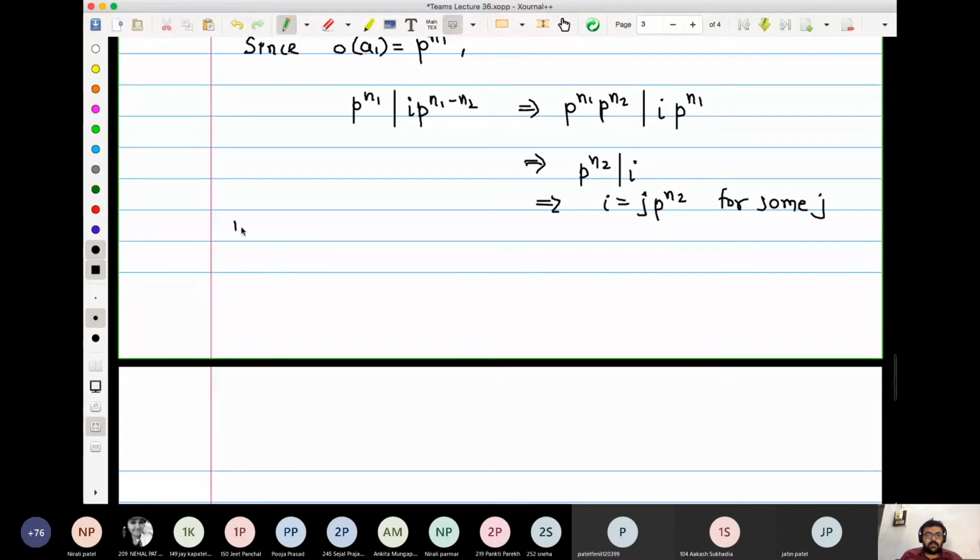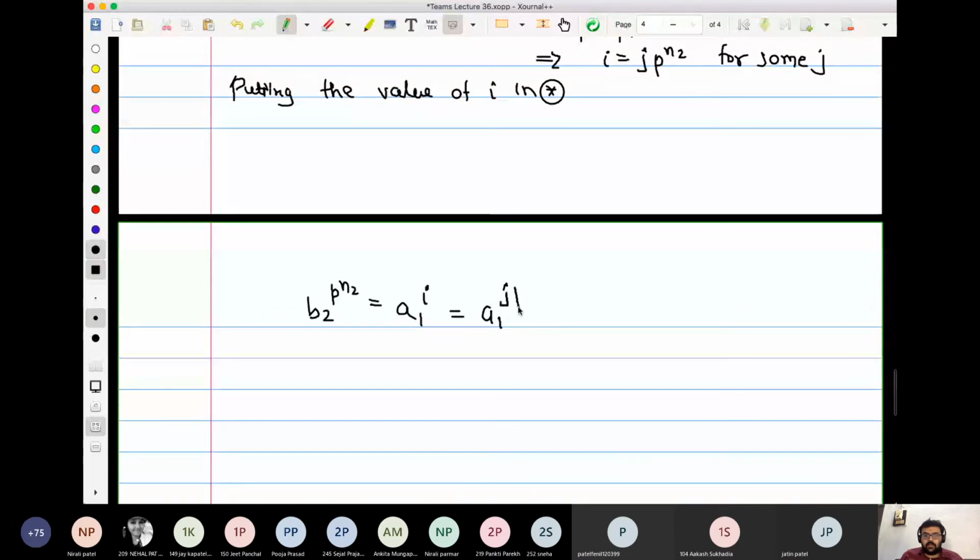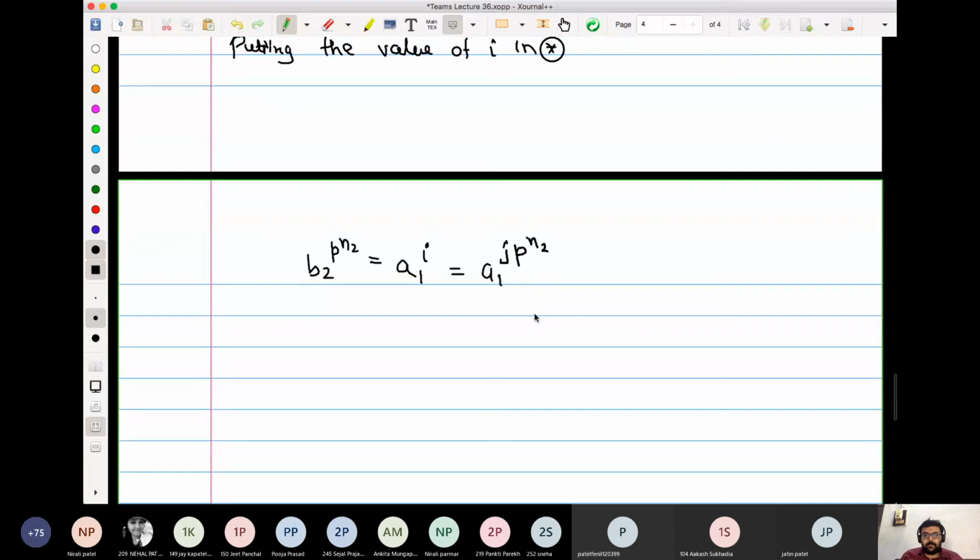So putting the value of I in star, we have B2 power P power N2 equals A1 power I, which is nothing but A1 power J times P power N2.